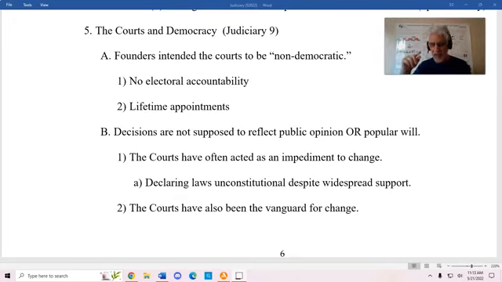Democrats don't trust the president if the president's a Republican. Republicans don't trust the presidency if the president is a Democrat. There's always concern that the president of the other party is trying to be an authoritarian. And the courts were the place where, despite this drop in trust in Congress and in the presidency, people still had a bit of trust.